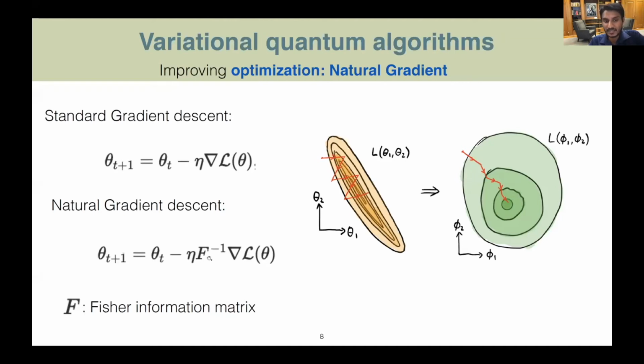So one computes the Fisher information matrix that knows about how phi 1 and phi 2, or theta 1 and theta 2, are related with each other. That helps take the gradient descent in a direction where the local minima might be, using the information about the geometry between the parameters. This is the classical way of doing a natural gradient.